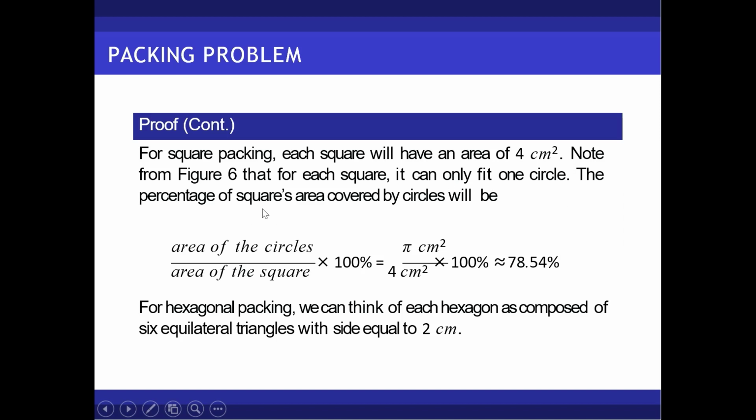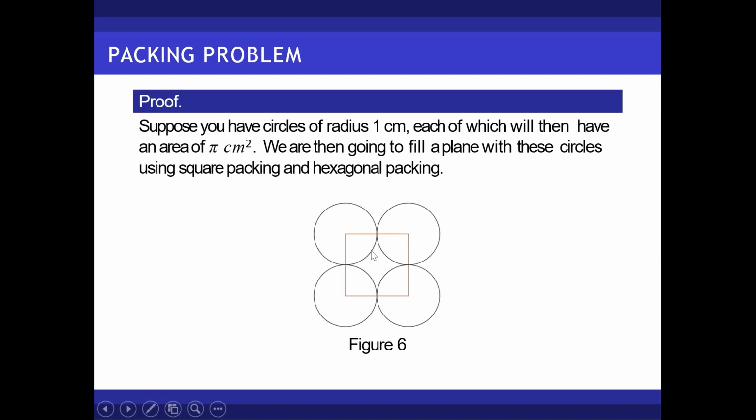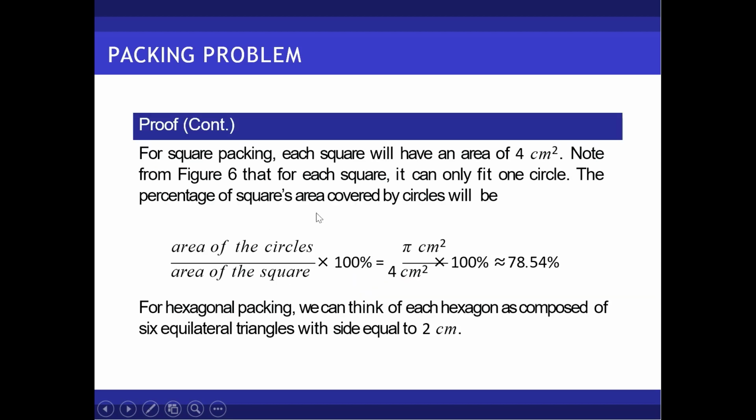The percentage of the square's area covered by the circles will be, so one circle. Why is it one circle? Because we have here one-fourth for each circle, so four times one-fourth is the area of one circle.